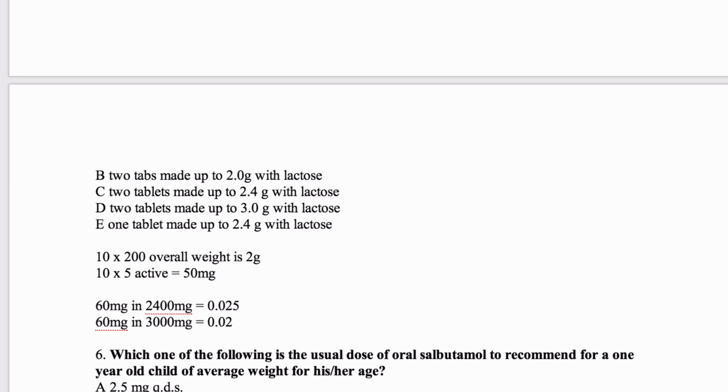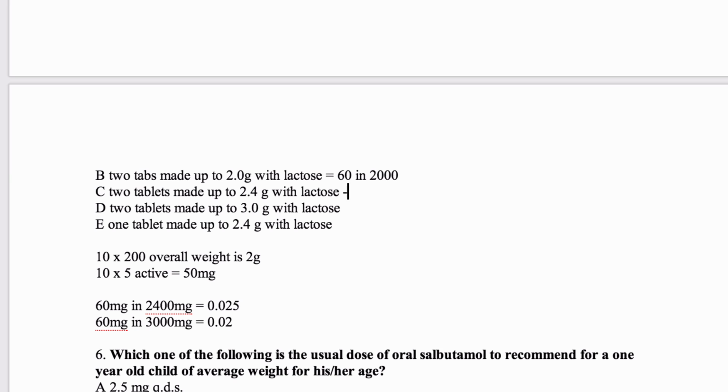So you're trying to get this proportion. So this would be 60 milligrams in that. Okay, I understand. This would be 2 times, so 60 in 2,000.